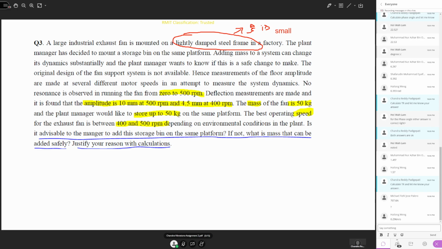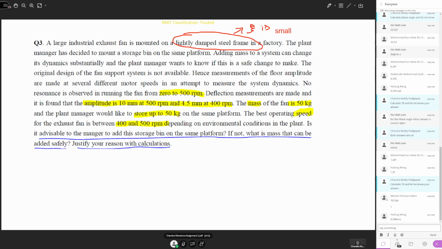Adding mass to a system can change its dynamics substantially, and the plant manager wants to know if it is safe to make this change. Okay, the original design of the fan supports the system is not available. So he doesn't have any knowledge about the spring constant or the damping ratio, so no details are available.